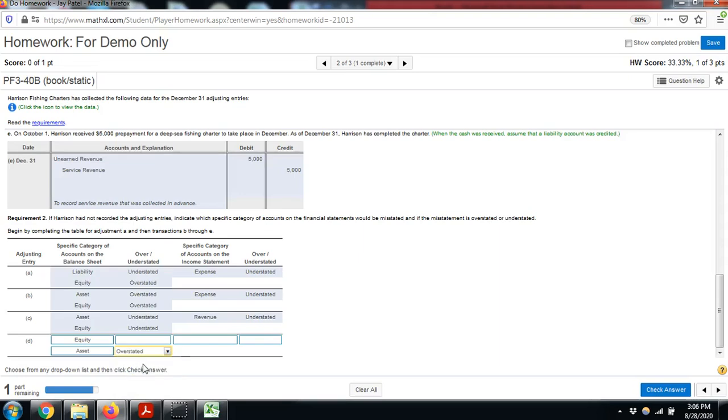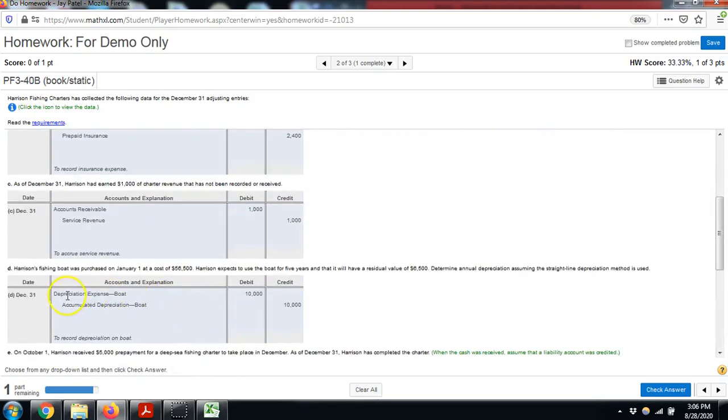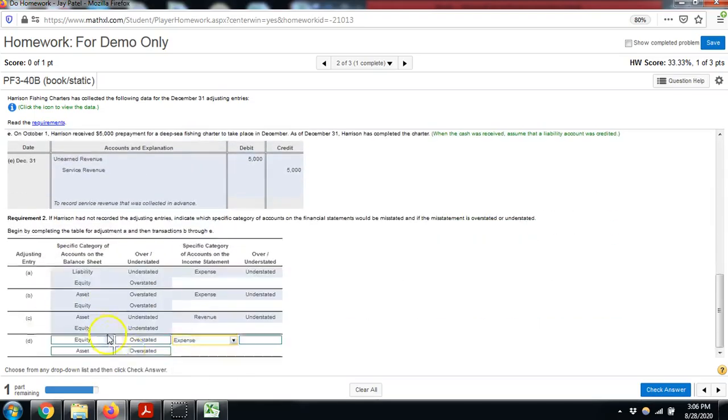So if we did not reduce it, then that means it's going to be too high. And so since assets and equity move together, assuming liabilities stay the same, equity would have also been overstated. This is an expense because depreciation expense would have been missed, and it would have been understated because we would not have included an expense that we should have.